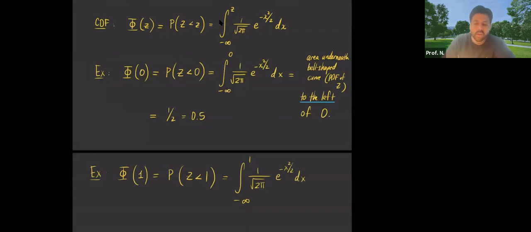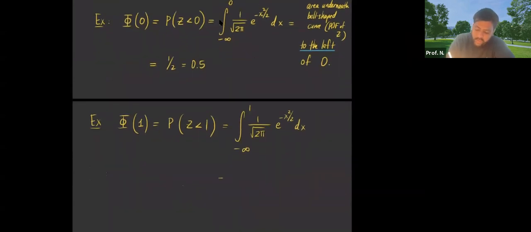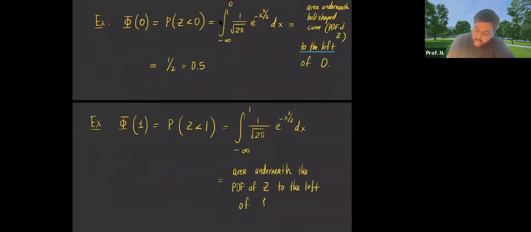This is the area underneath the bell-shaped curve to the left, right? This is what I'm finding. I'm finding the area underneath the PDF of z to the left of 1. Now, what would that be?